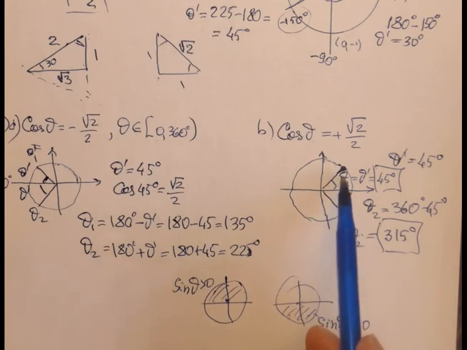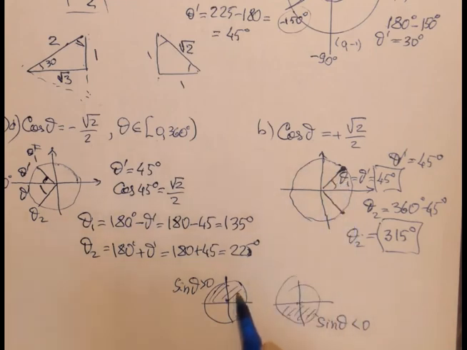But don't forget that the reference angle theta prime is always measured with the x-axis, which is either 0 or 180 or 360 degrees.